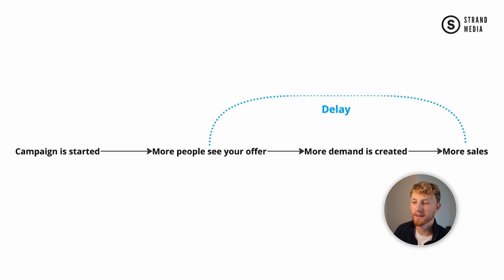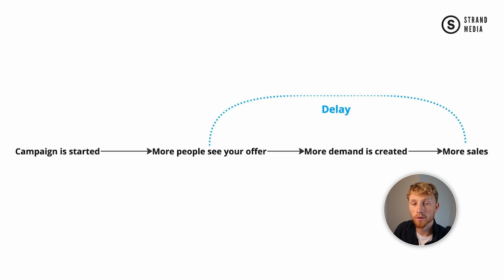So in that period, during the delay, if you're spending a lot of money on the campaign, what might end up happening is a lot of it is not turning into sales. Only a tiny percentage of that created demand is actually turning into sales because your ads are not good enough, or the audience that you're targeting is not warmed up enough or big enough, with enough interested people, to the point where you can actually go ahead and capture all that demand in the future.